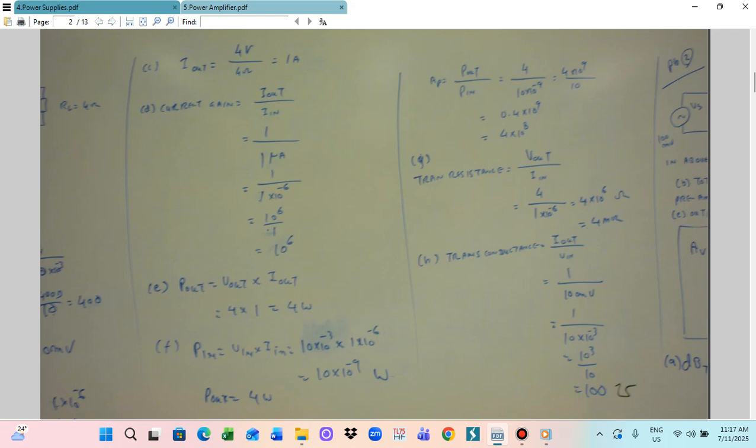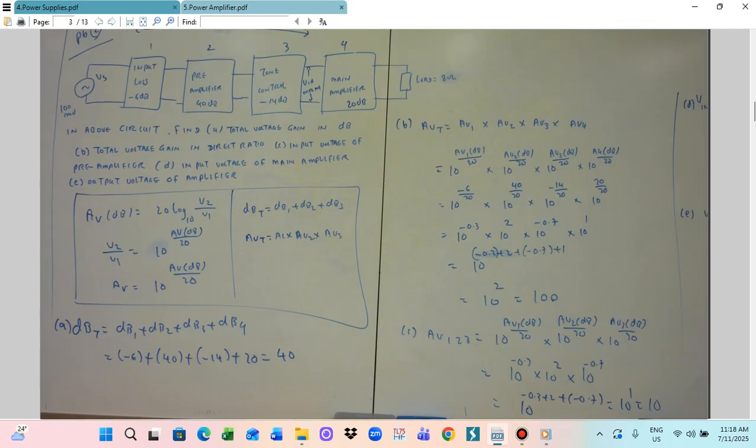Therefore, V2 by V1 is equal to 10 power AV in dB divided by 20. So this is V2 by V1, and this is the way you can calculate it.